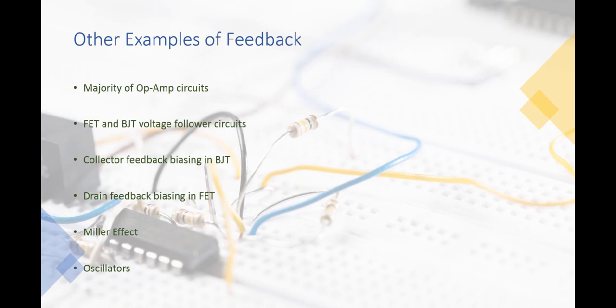And oscillators are mostly designed using feedback. So these are certain examples of feedback in electronic circuits, and PLL is also one of them. In a PLL you also have feedback from output to the input. PLL, that is the phase lock loop that we studied earlier.